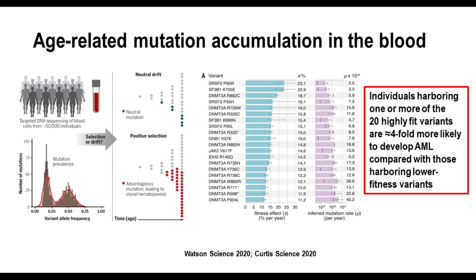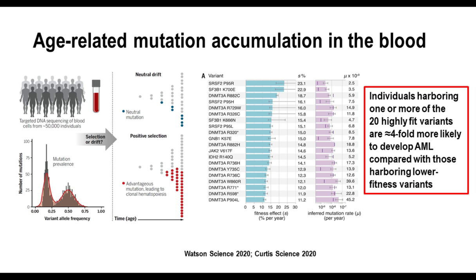So older individuals usually carry a higher number of mutations in blood. And this recent study demonstrated that those individuals that harbor one or more of these 20 high fitness variants have a higher risk of developing acute myeloid leukemia as compared with those individuals that harbor lower fitness variants.